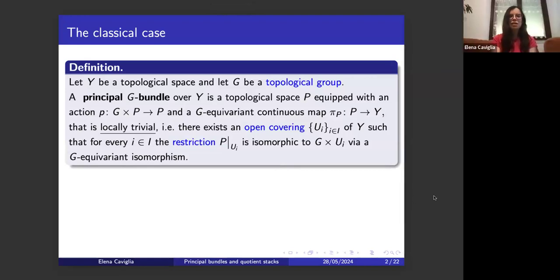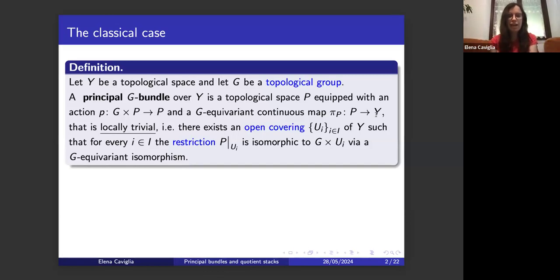So let's start with the classical case: principal bundles over topological spaces. If we have a topological space Y and a topological group G that acts on it, a principal G bundle will be another topological space, P, with an action of the topological group on it, and a G equivariant continuous map from P to Y that is also locally trivial.